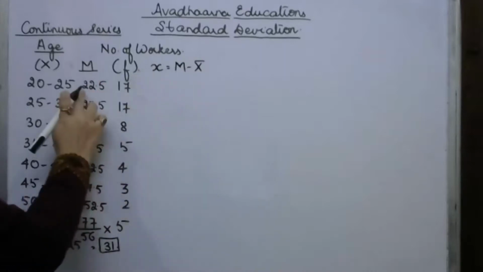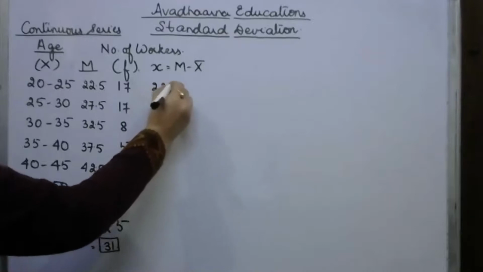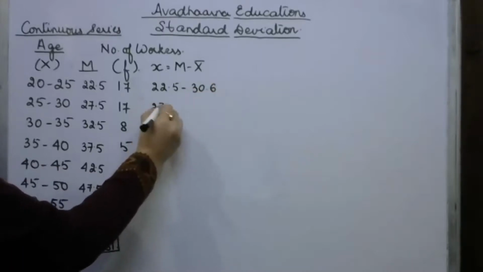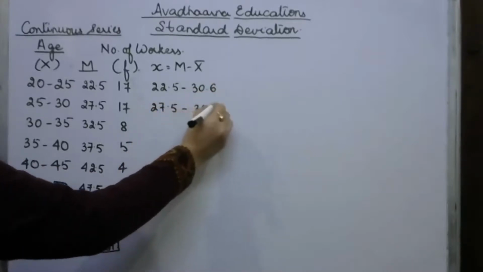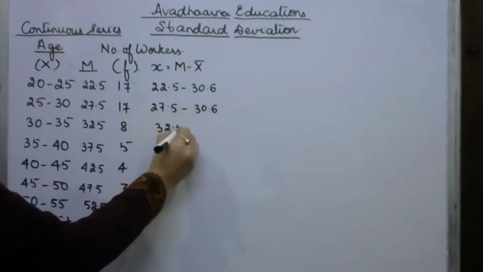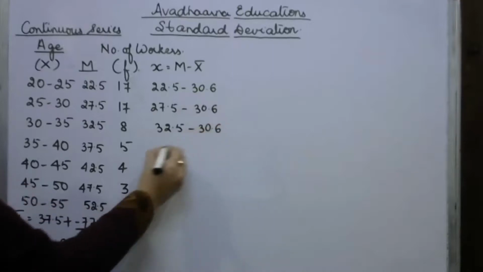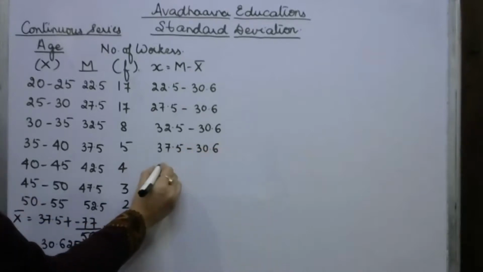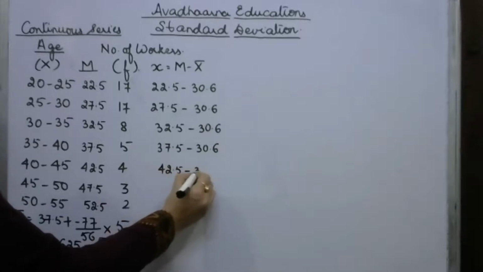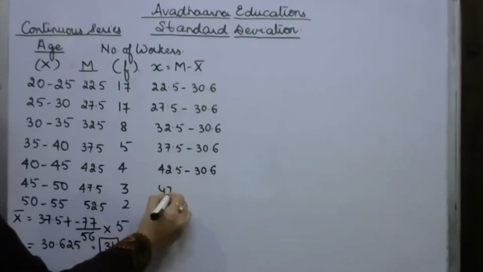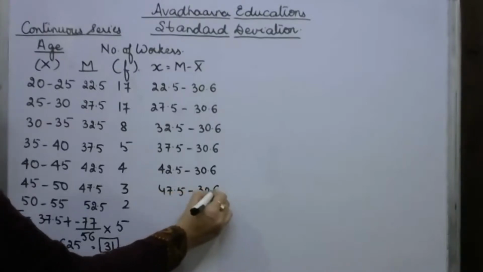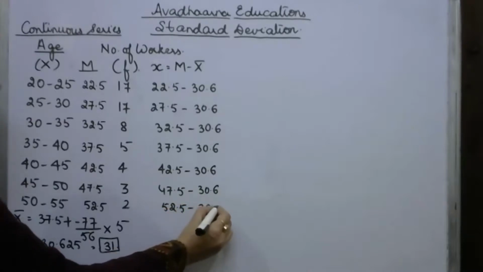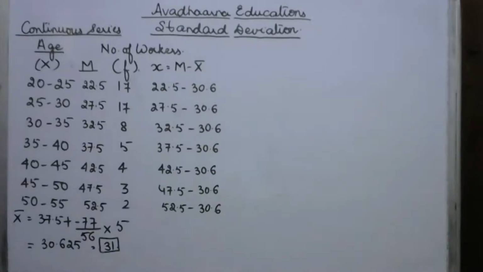So m was 22.5 minus 30.6, then 27.5 minus 30.6, 32.5 minus 30.6, 37.5 minus 30.6, 42.5 minus 30.6, 47.5 minus 30.6, 52.5 minus 30.6.